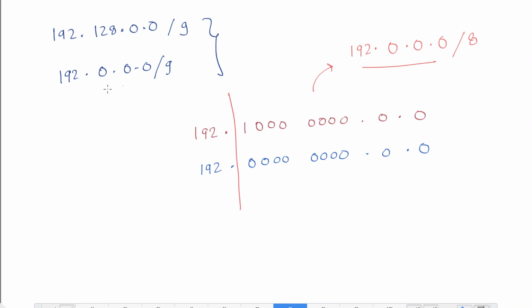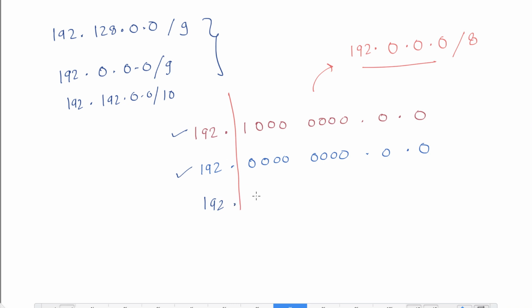Suppose there is one more network, 192.192.0.0/10, and they ask you to merge these three networks. Let's see how we do it. We first write in binary, for the first network this is the binary representation, for the second this is the binary. It is not completely binary, but whenever required I'm writing in binary.